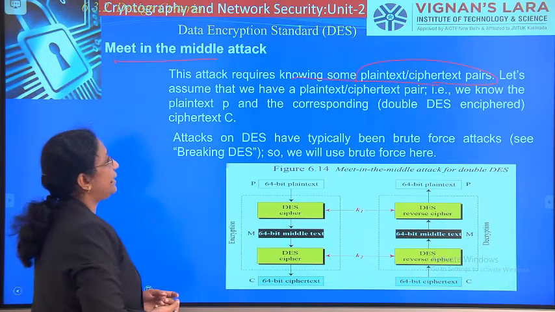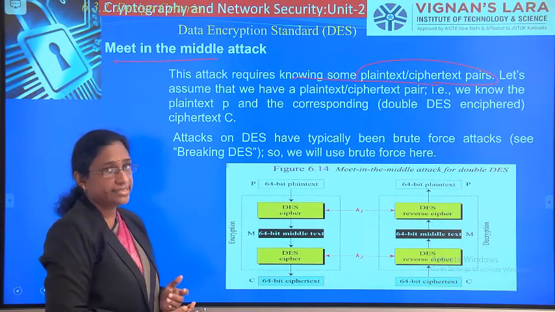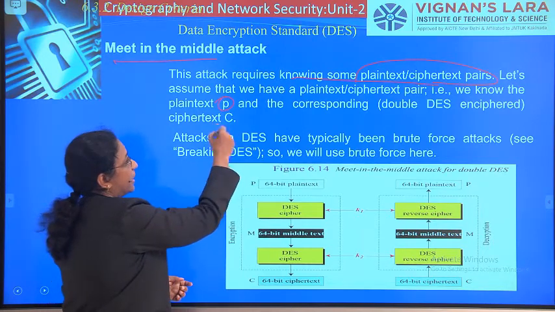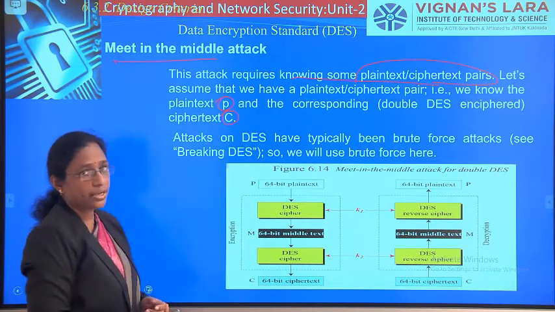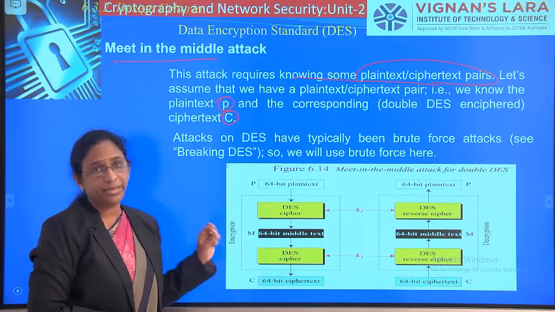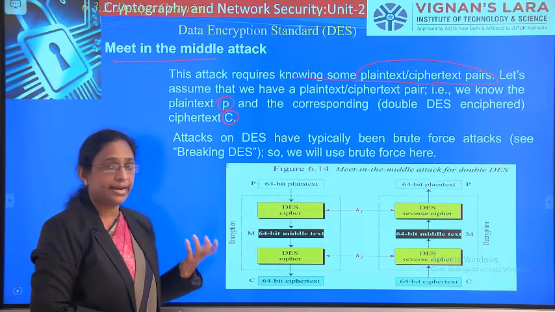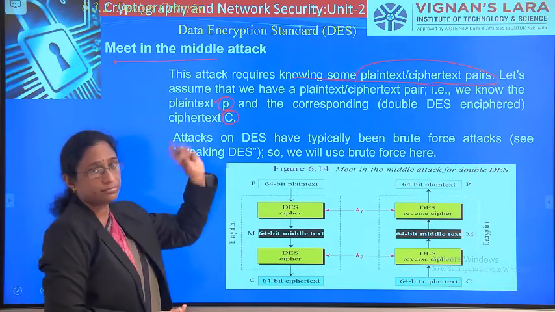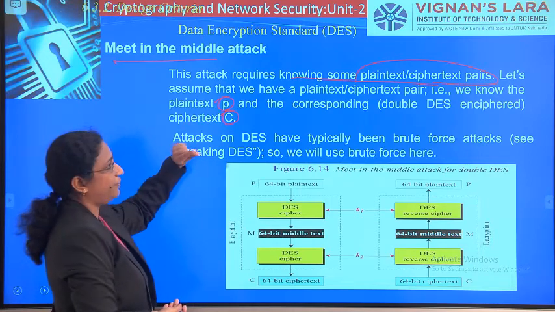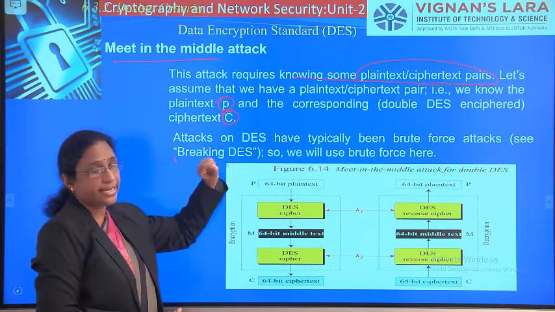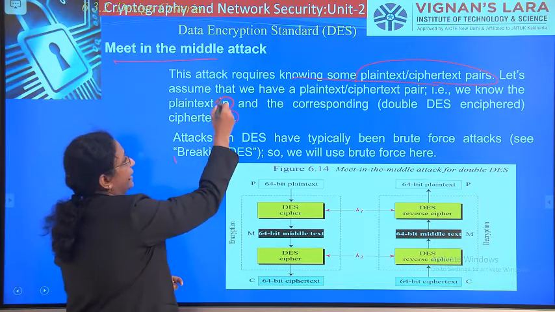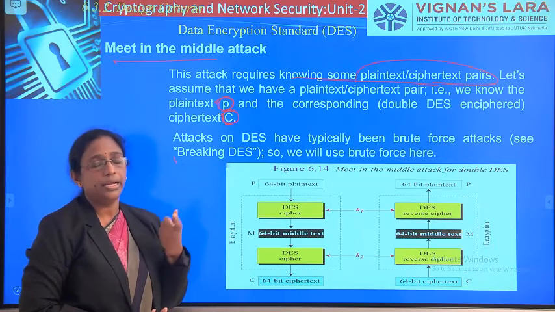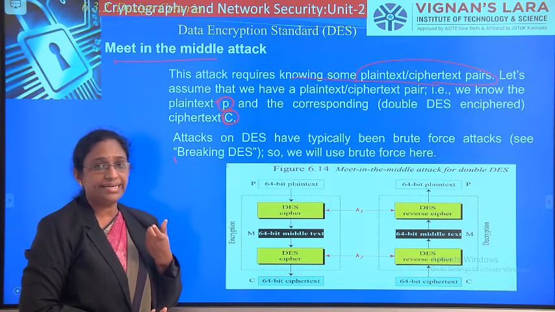Let us assume that we have a plain text and ciphertext pair, that is, we know the plain text P and its corresponding ciphertext C. The attacker requires a pair of plain text and ciphertext.